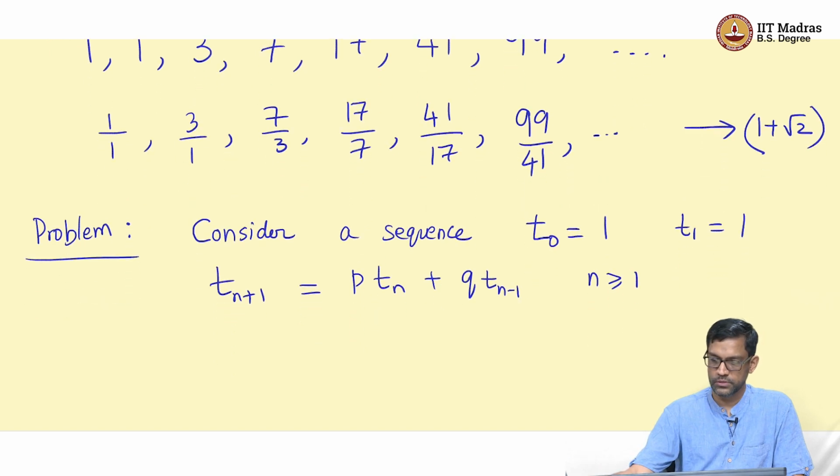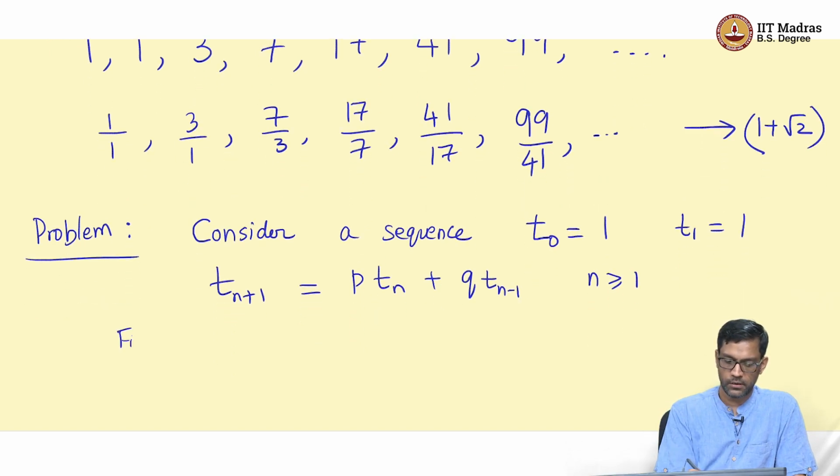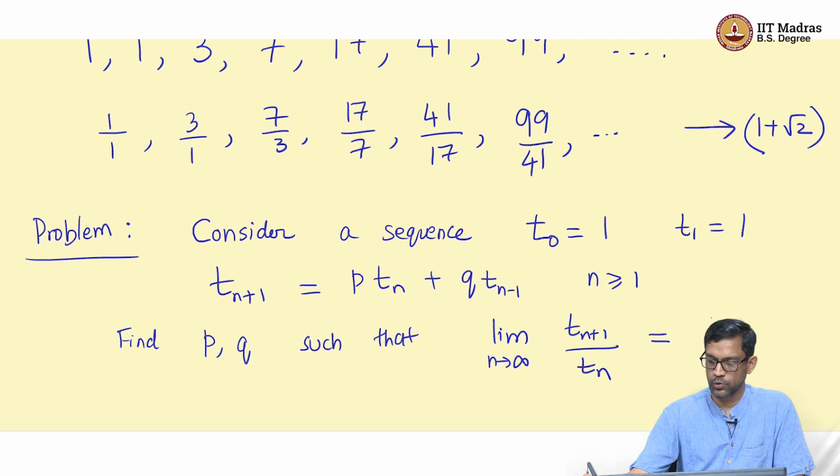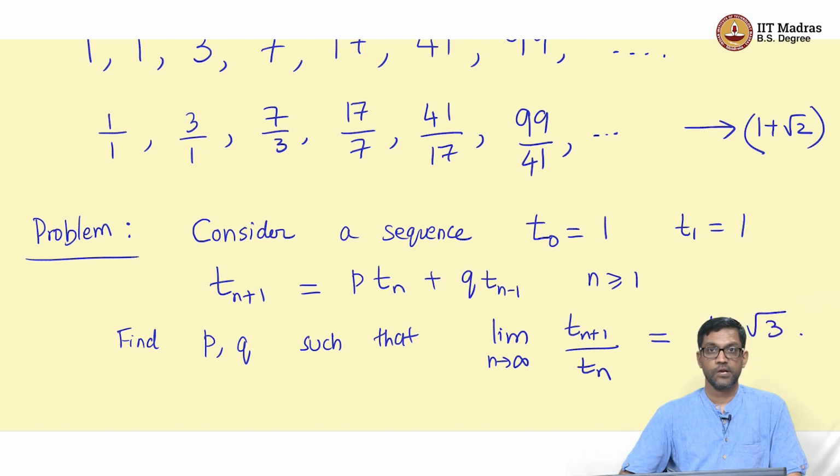Find a suitable choice of P and Q such that the successive quotients converge, and it converges to, let us say, root 3 or 1 plus root 3. So, something which will enable you to compute the value of root 3 by just taking these rational numbers and then subtracting 1 from them.